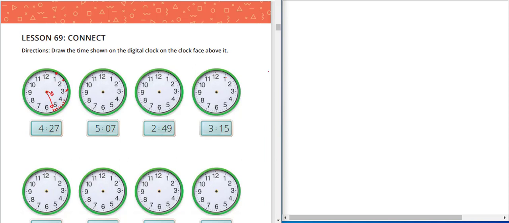The next digital clock is 7 past 5, 7 minutes and 5 hours. So the minute hand will point to the 7th dash: after 5, 6, 7, so long hand here, and the short hand, hour hand, points to 5.